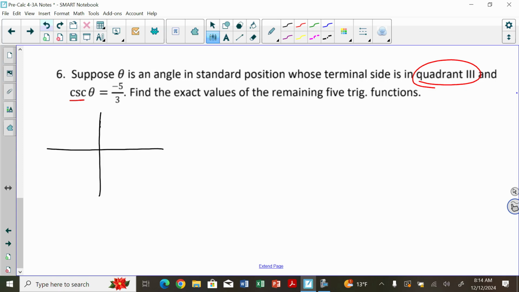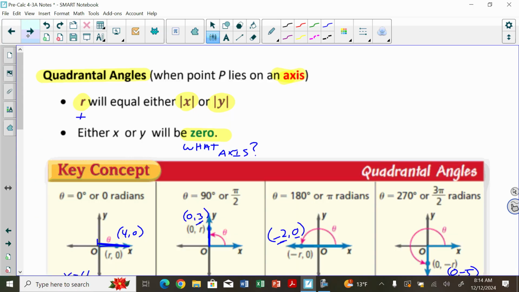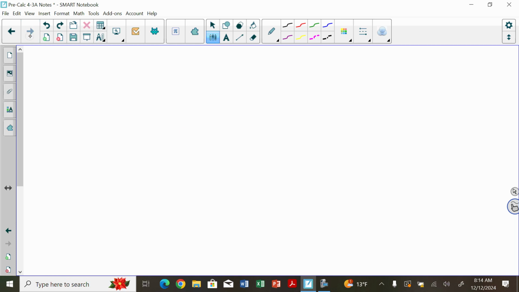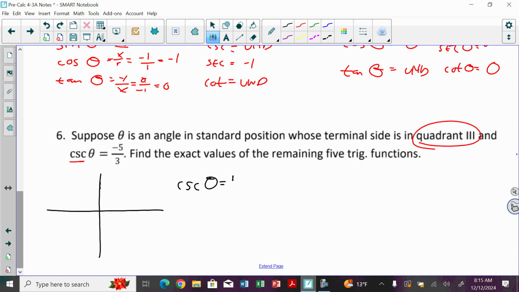So knowing that, I've got negative 5 over 3. Well, what is cosecant? If we look back here, cosecant is r over y. So this would be my r, this would be my y value.